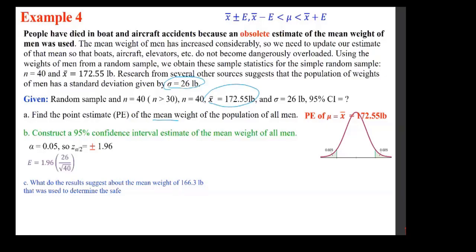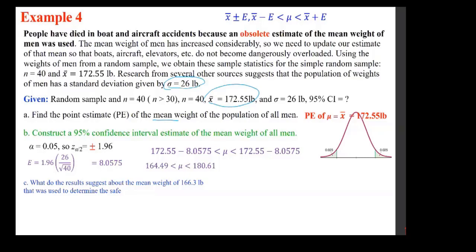Now you simplify and you have this number as E. You subtract it from X bar, you add it to X bar, and this is your confidence interval. What do the results suggest about the mean weight of 166.3 pounds?